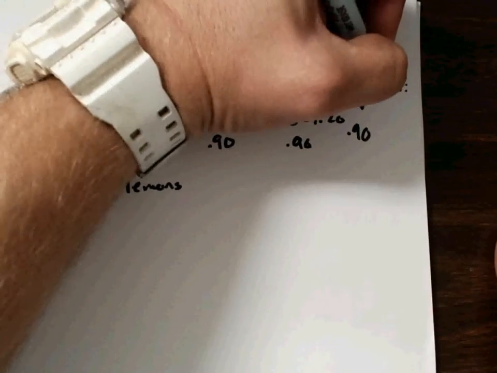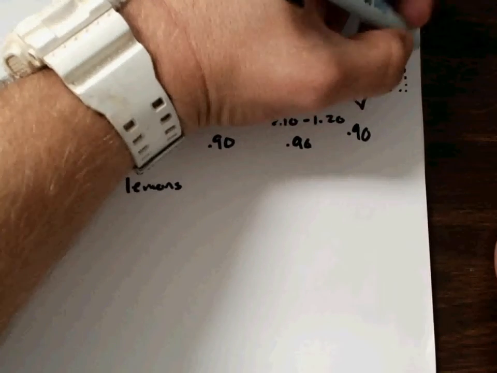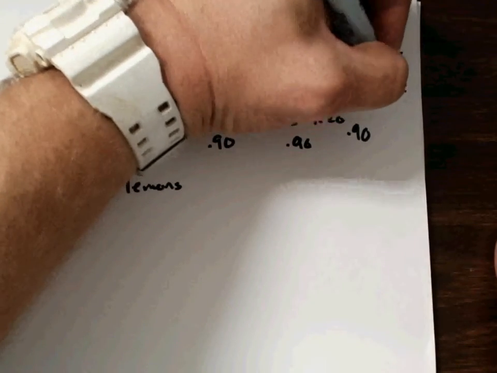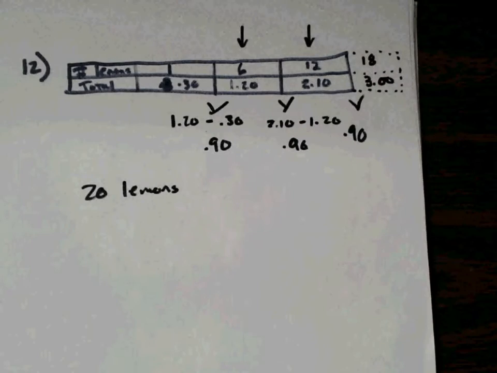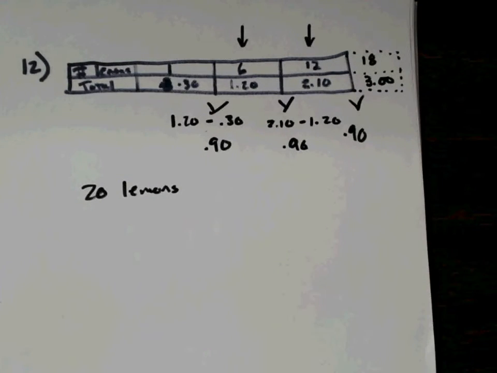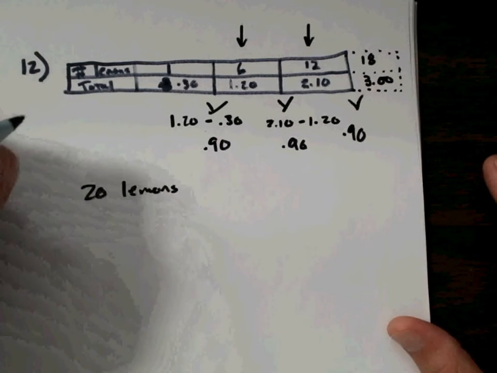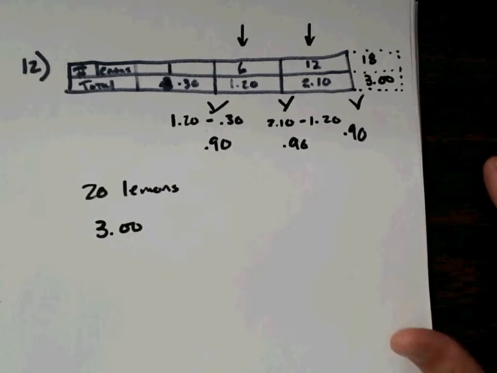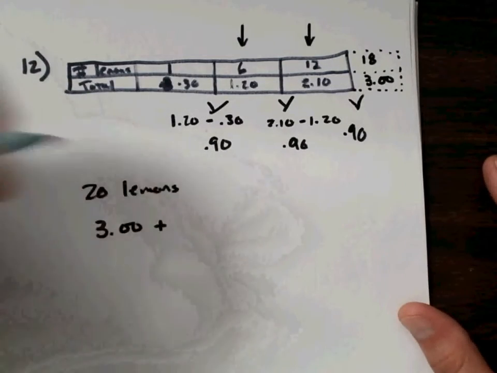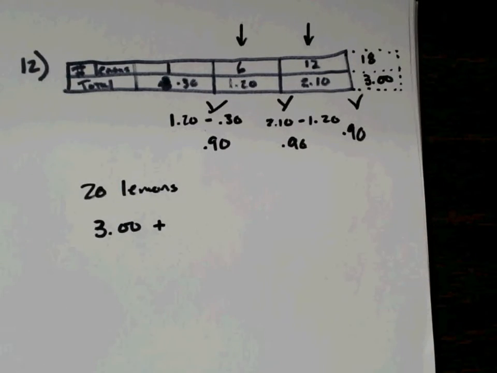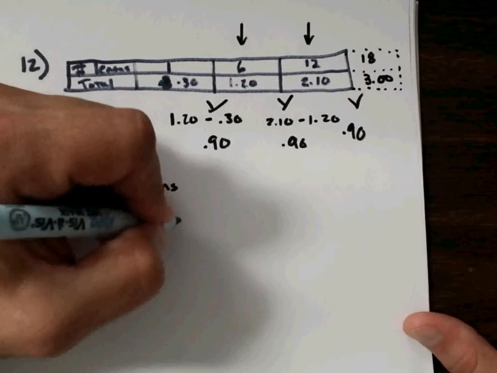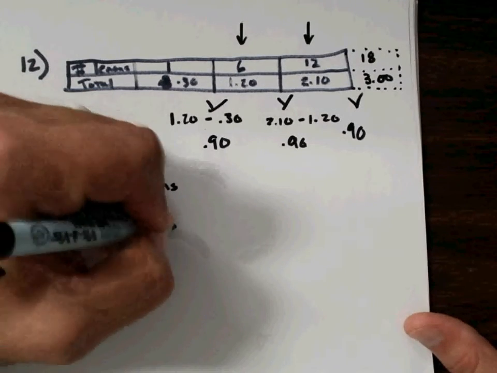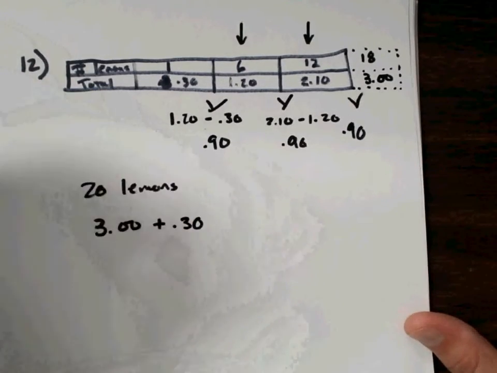Y'all agree with that? Yeah, sure. All right? And so, when I go into here, I know that I'm going to have to pay $3 plus what? Two more lemons, right?